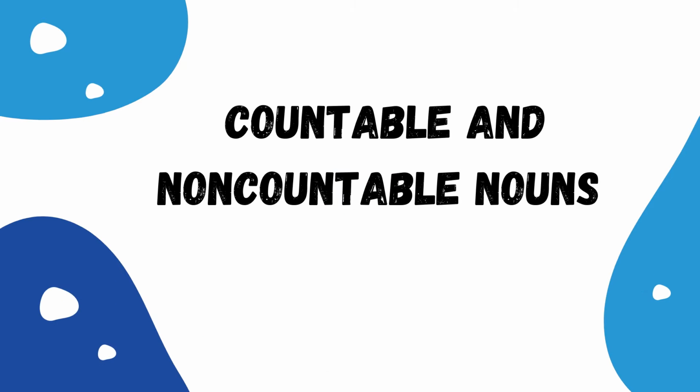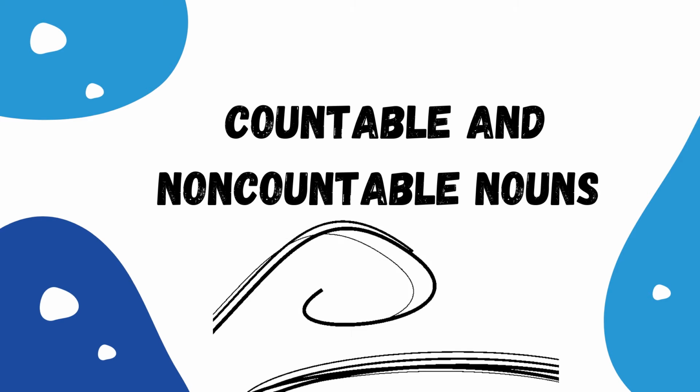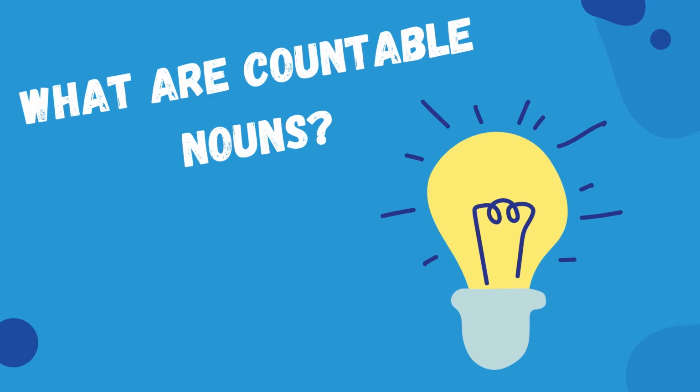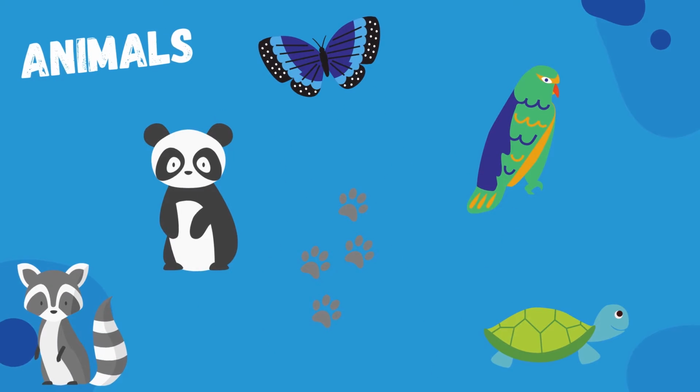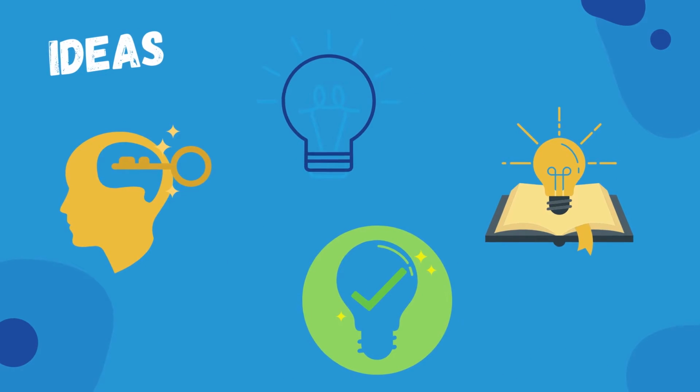Now that we learn new vocabulary, let's move to some grammar. In this occasion, the topic is countable and non-countable nouns. What are countable nouns? Countable nouns refer to items that can be counted and have singular and plural forms. For example, people, animals, places, things, or ideas.